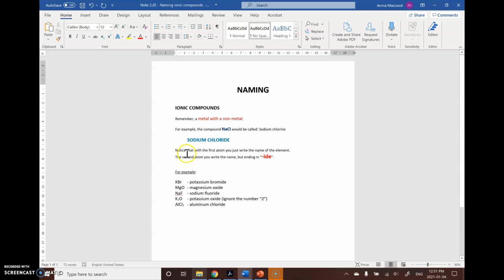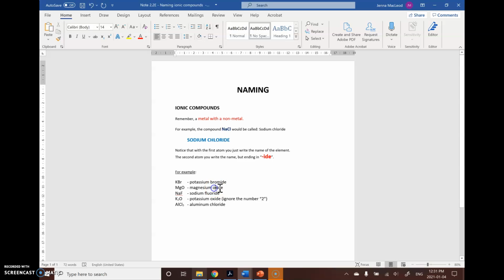Then you write the two names, and you add IDE to the second element. So you change this to IDE. This compound here is called sodium chloride. This is potassium bromide, so you're changing it to IDE.